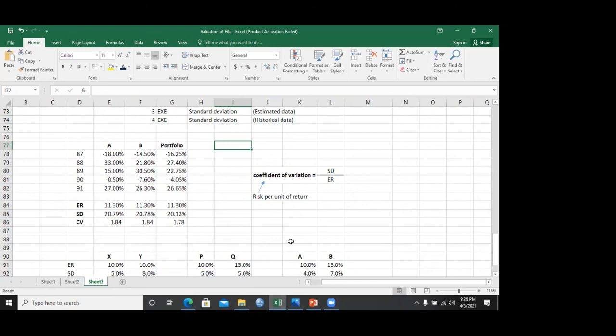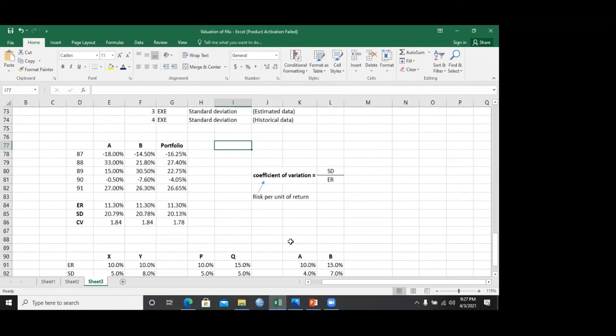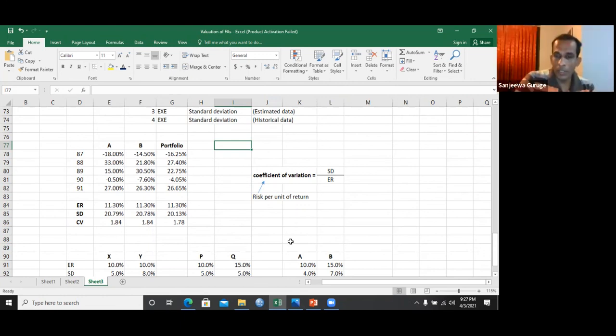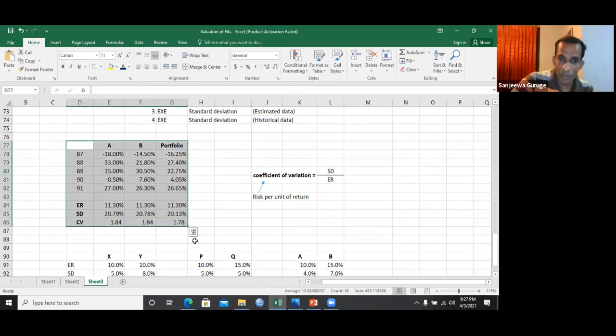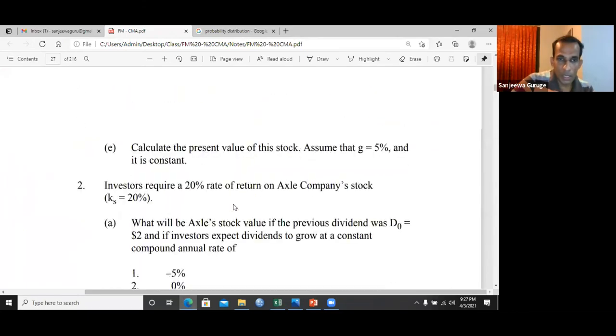This can be interpreted both ways: to earn 1% return, you have to take a risk of 1.78%, or for 1 unit of return, you have 1.78 units of risk.